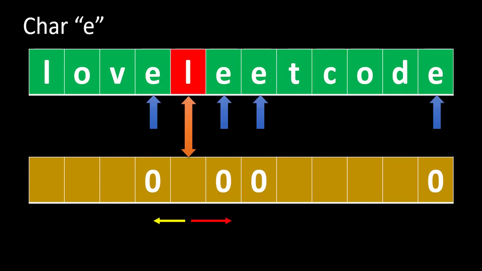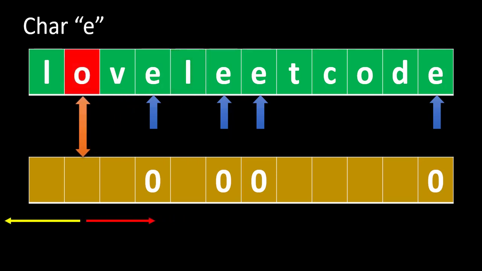Now, for any given character other than e, we need to perform the same logic. But now there is a catch. What about the value o? Since we do have an e present on its right hand side, but there isn't any e present on its left hand side, we do not know how to calculate the minimum, and this fails the logic that we can apply to all other characters but not to the characters at the very start of this string.